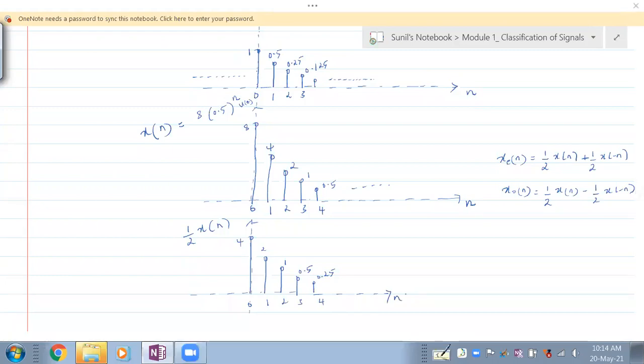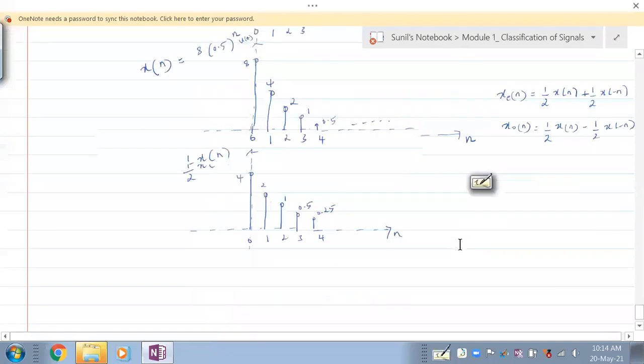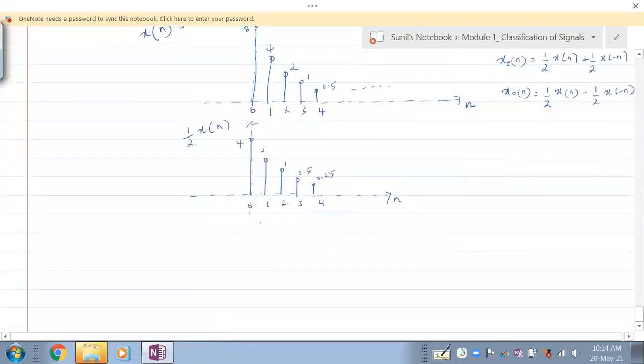Everybody understand that? Now let's have the reflection of this signal. What is that? We need half x of minus n. So whatever is at 0 will be at 0, because 0 minus 0 is 0.